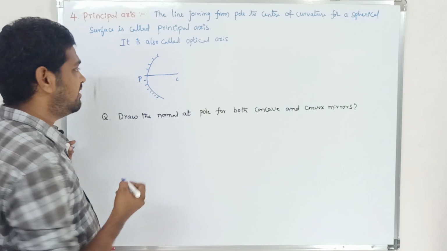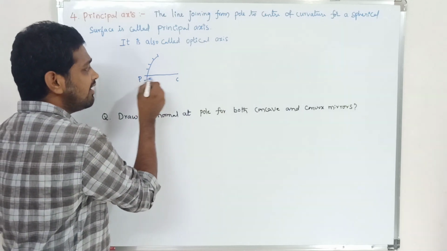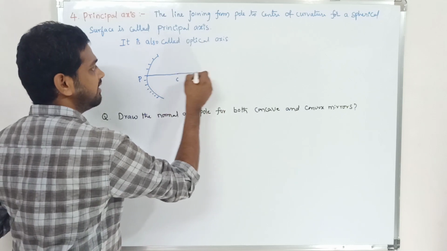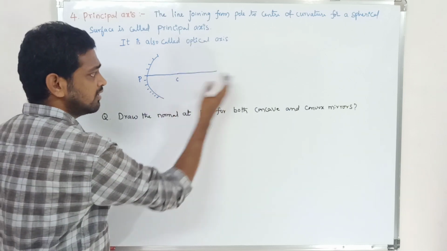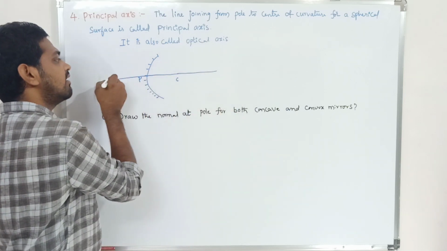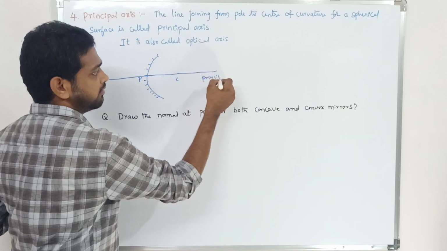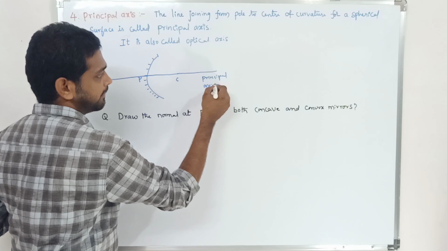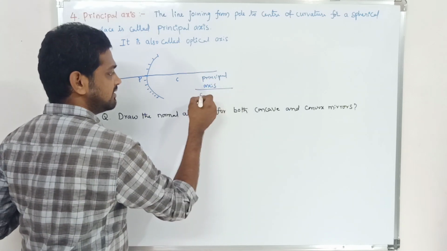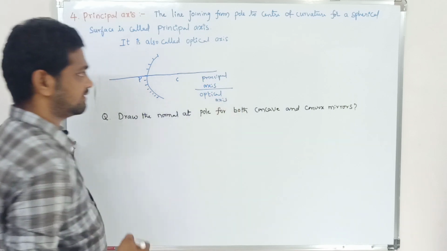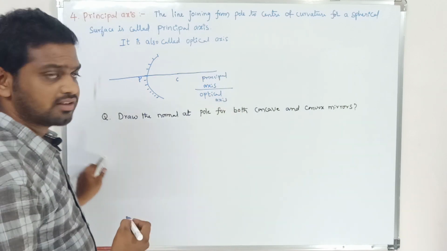And remember, children, the principal axis does not lie only between the pole and the center of curvature. You should extend the line in the forward direction from C and in the backward direction from the pole. So this is called the principal axis, and we will call this the optical axis. Clear? This is in case of a concave mirror.